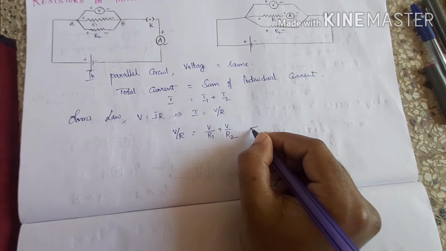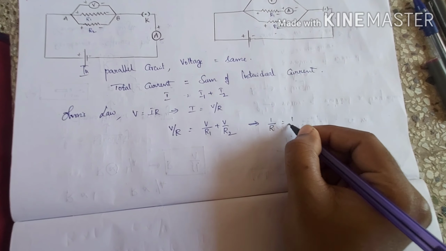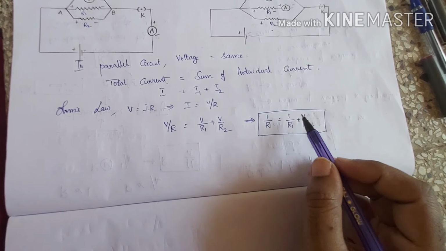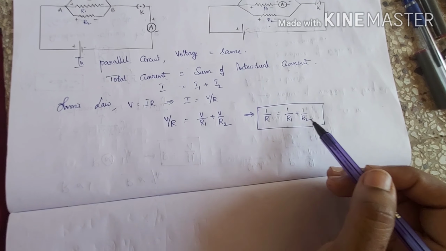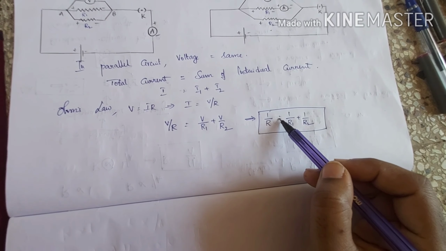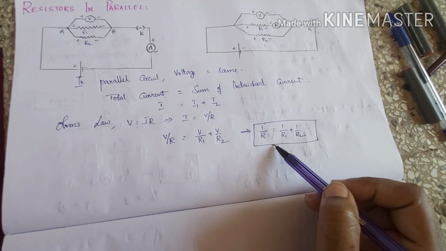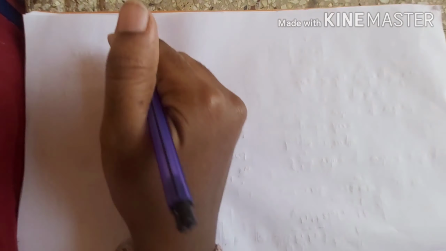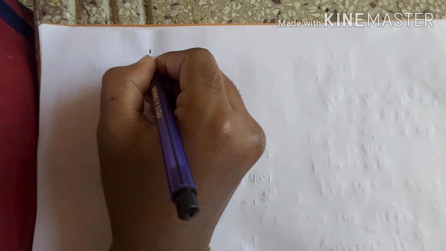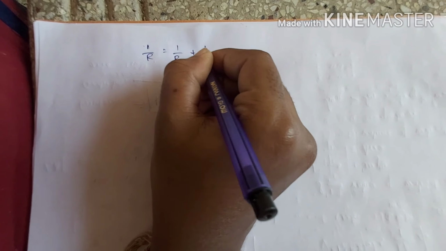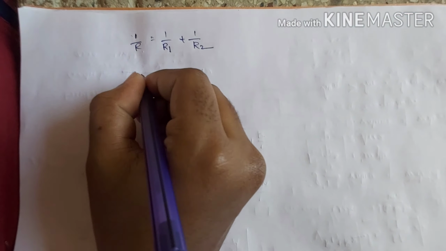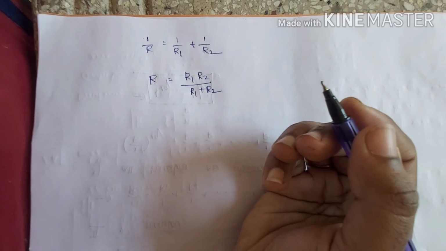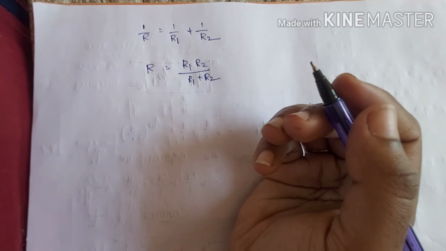Cancelling V, I get 1 by R equals 1 by R1 plus 1 by R2, which means in a parallel circuit, the reciprocal of the equivalent resistance equals the sum of the reciprocals of the individual resistances. When you solve this, you get R equals R1 R2 by R1 plus R2.